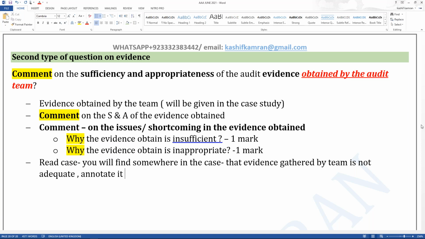Wherever you find the evidence is not adequate, highlight it, because you need to write an answer. Just annotate it, and then later explain why you believe the evidence is not adequate. So come out of the classification of whether it is sufficient or appropriate. Yes, you should know the literal meaning of the words sufficiency and appropriateness, but in the exam, if you waste time on the classification, then that's a big problem.